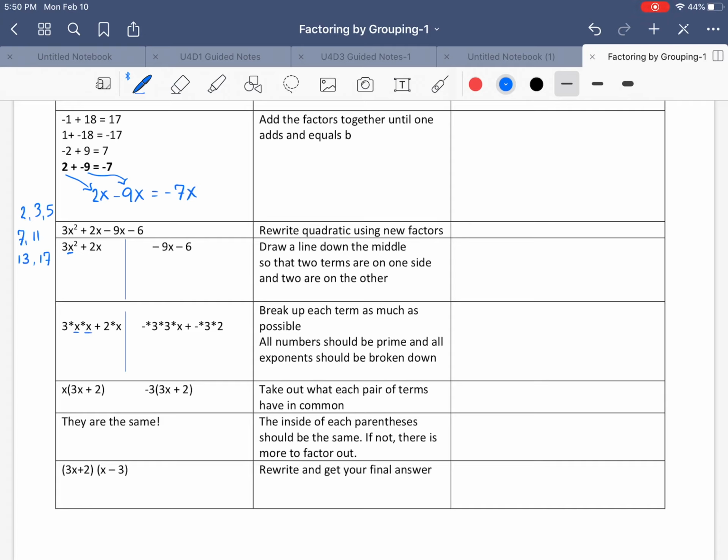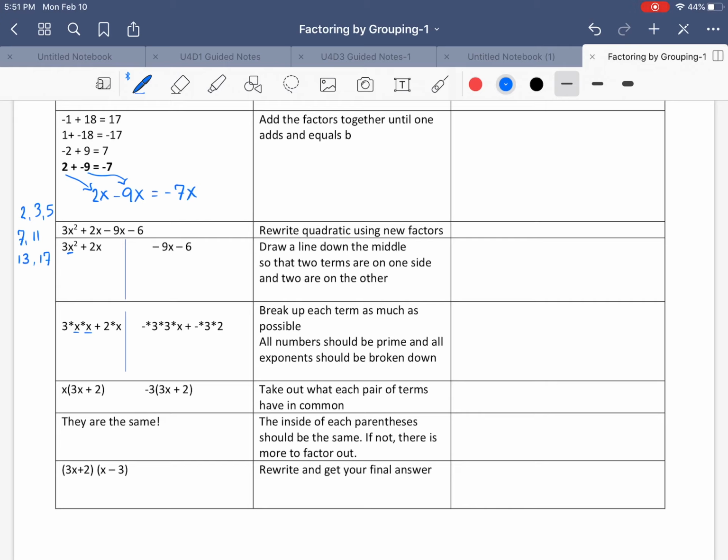So we're going to break 3x squared into 3 times x times x. 2 here is a prime number, so we can't break 2 down any further, and x doesn't have an exponent, so it's just x. So 2x becomes 2 times x. Negative 9x, well, 9 is not one of our prime numbers. You can see it jumps from 7 to 11. So 9, well, what times what equals 9?